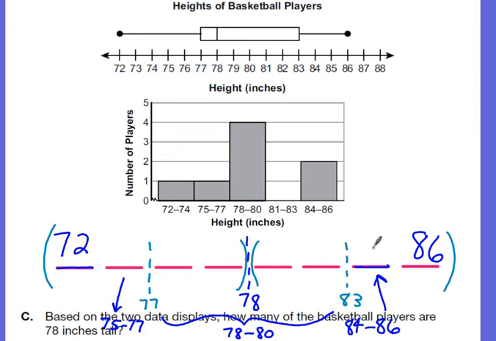Well, if that's 84, because we know that's locked in as the upper median, wouldn't this have to be an 82 to make that an 84? Well, guess what? That can't be an 82 because it's got to be in that interval. So that can't be 84.